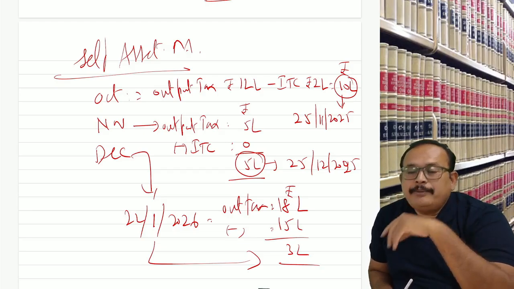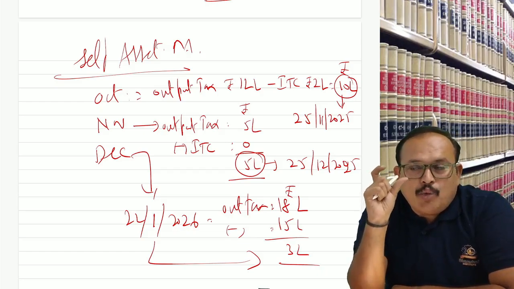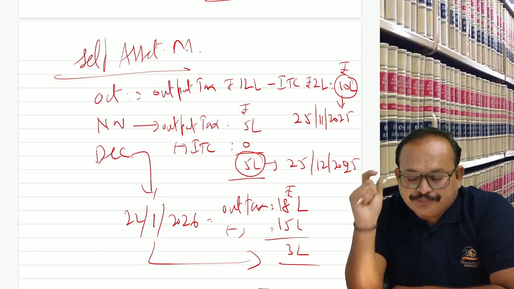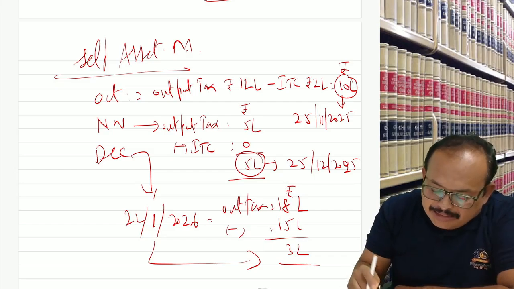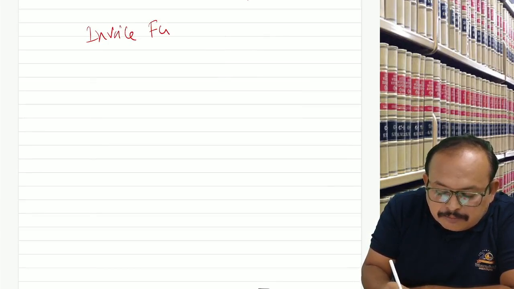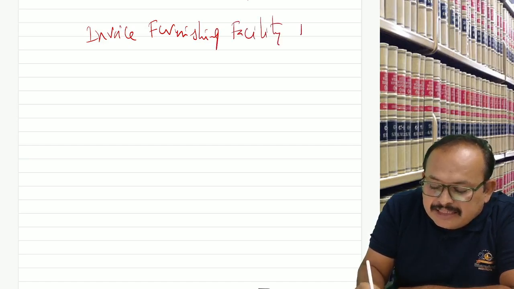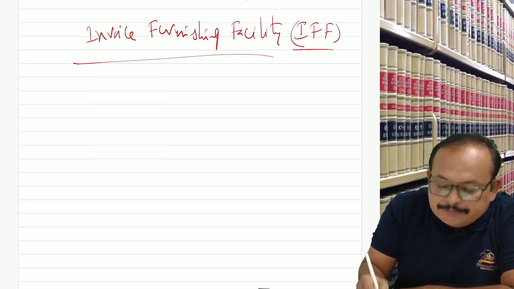Now here, the key point I am introducing is one that you can expect in the examination. What is the key point here? Invoice furnishing facility, IFF.